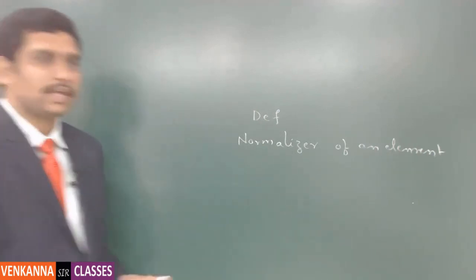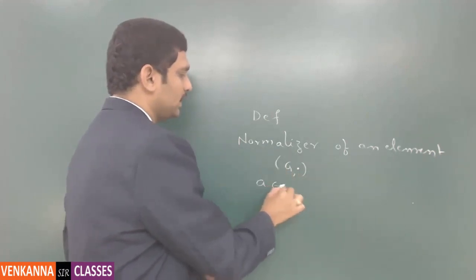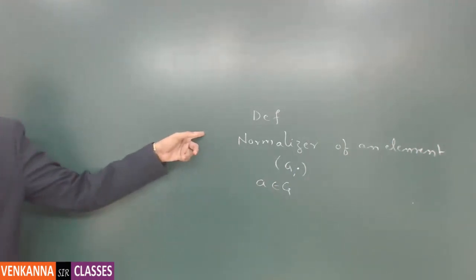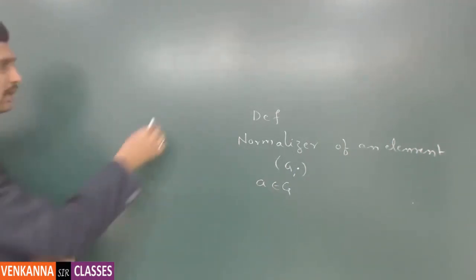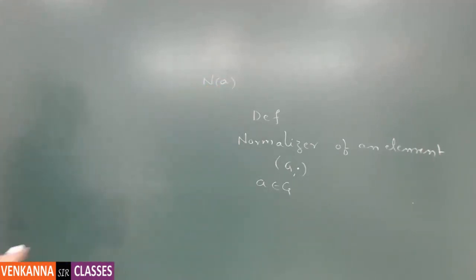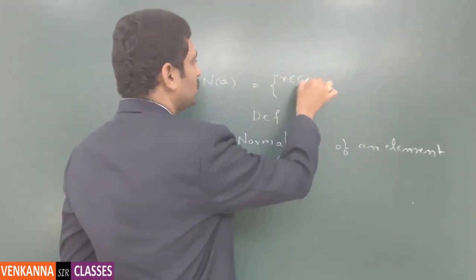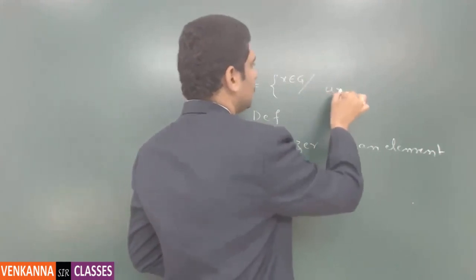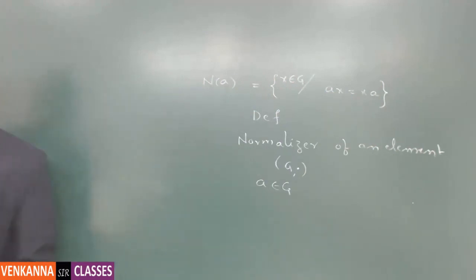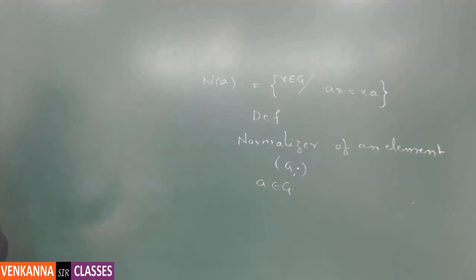You take a group G and an element a belongs to G. The normalizer of the element is denoted by N(a) and defined as the set of all x belongs to G such that ax equals xa. So this is called the normalizer of the element.